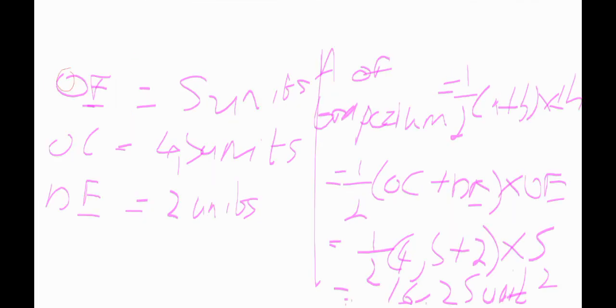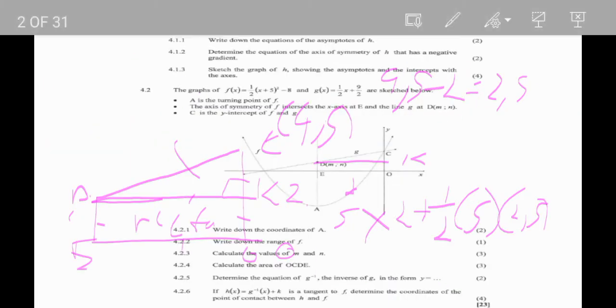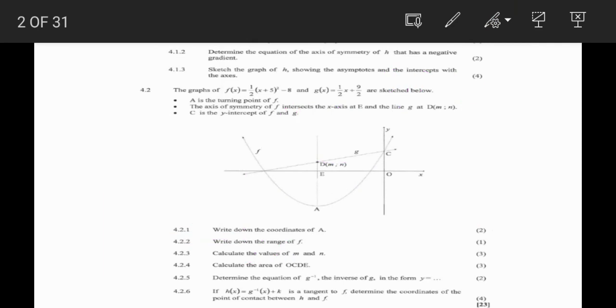And then still there is another method which I just want you to try out on your own. You could have said, okay, let me just calculate the area of this whole right angle triangle, then I'm going to subtract this small triangle here.